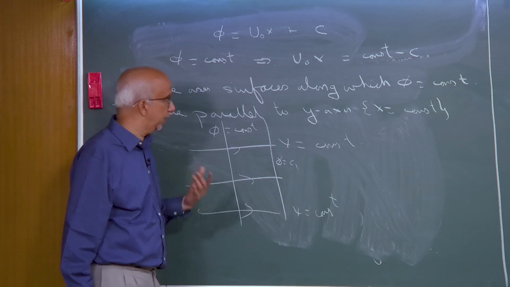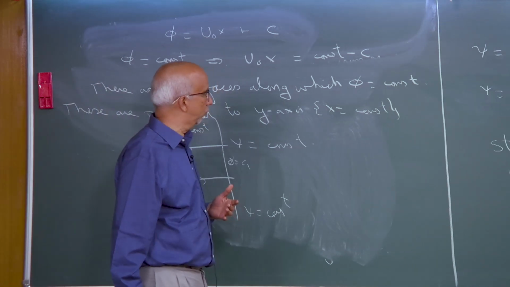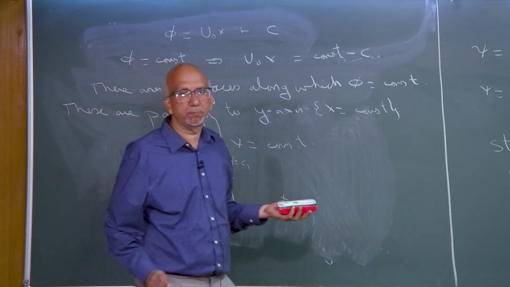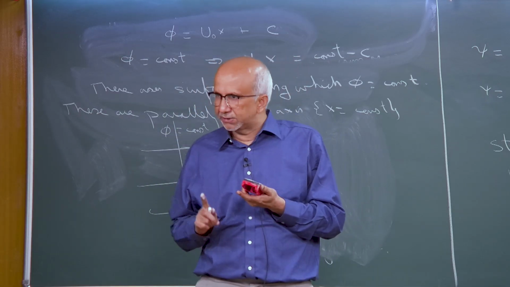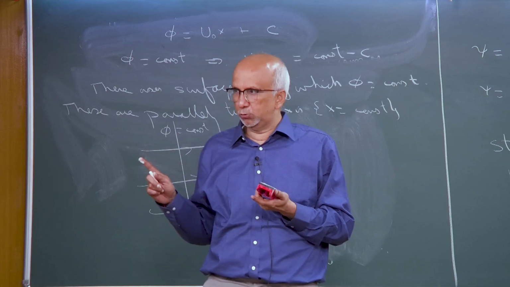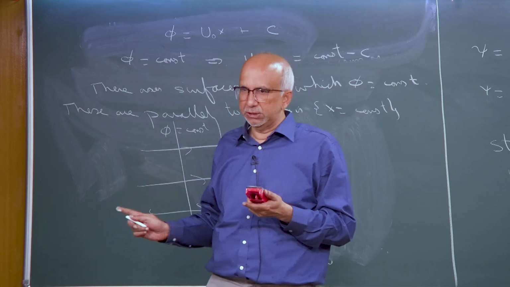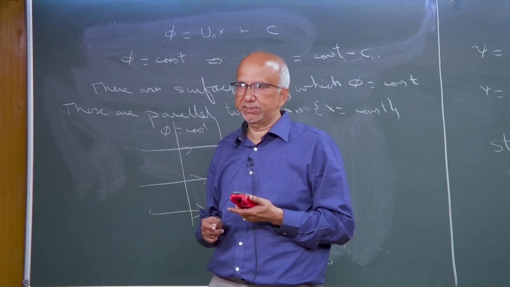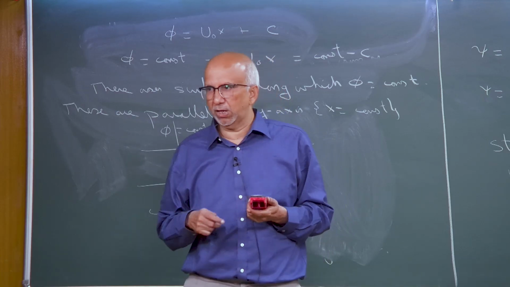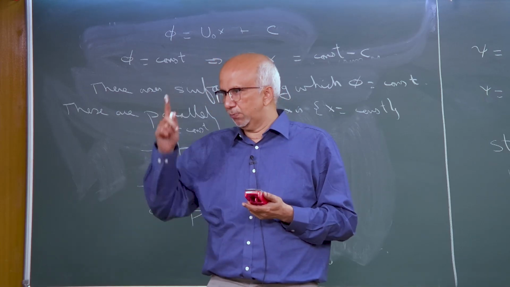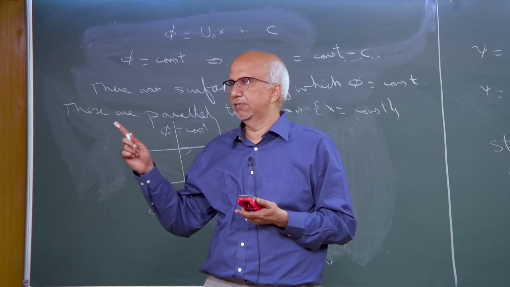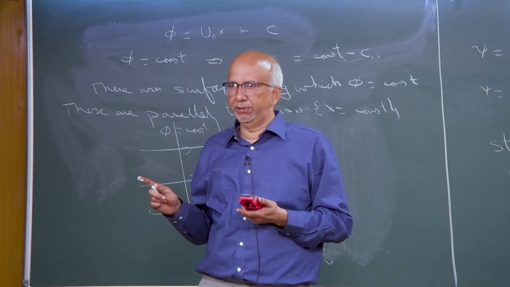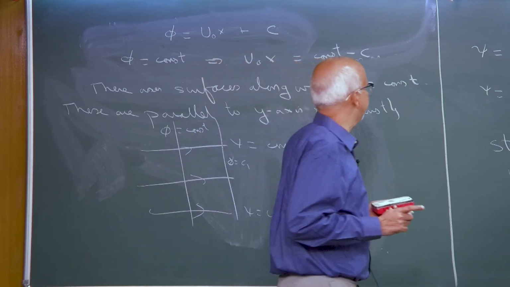Okay. Now, what I want to do is this: is this property a general property of these isopotential curves being perpendicular to the streamline, or is it only specific to this flow field? That is the question. Okay. So, what I want to establish is that the isopotential curves are going to be perpendicular to the streamlines at every point, okay, if there is a potential function.